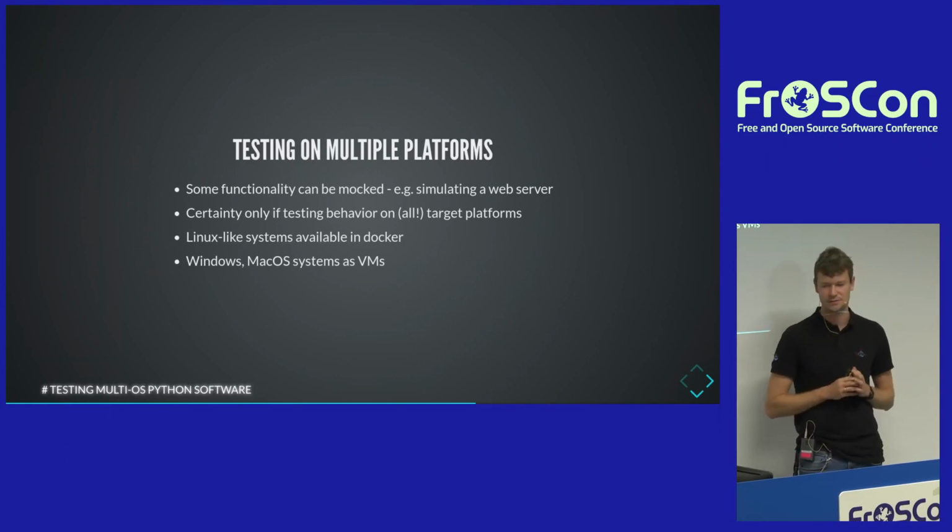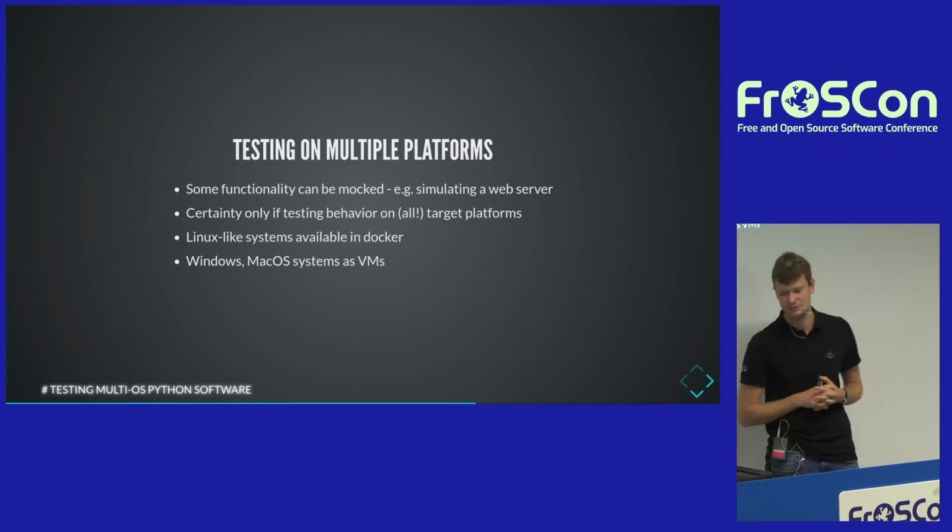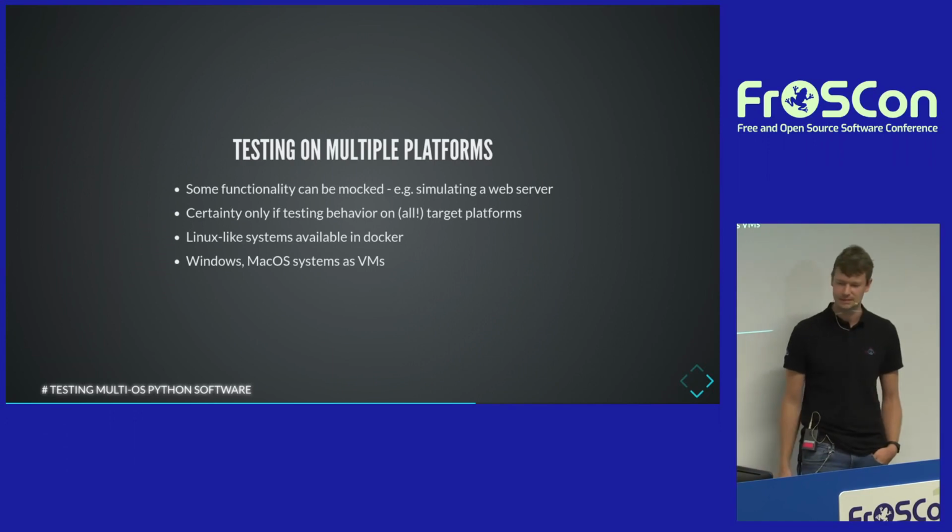So just having this one component that mimics a web server. But you can also mock some functions of different target platforms, but that is not ideal. In the ideal scenario, you should really test on the target platform because no simulation is as close to the truth as the truth, obviously.